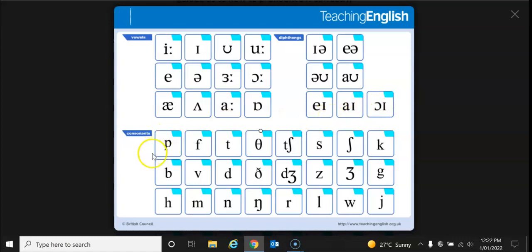Okay, so then we'll have a look at the consonants. Unvoiced across the top and voiced.